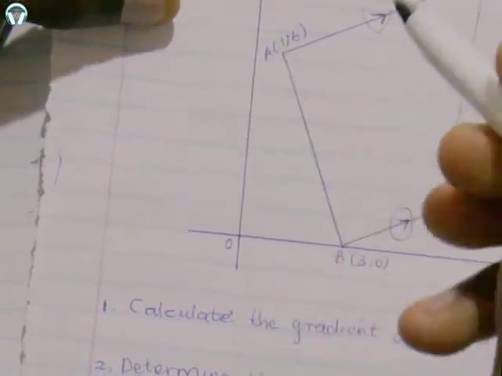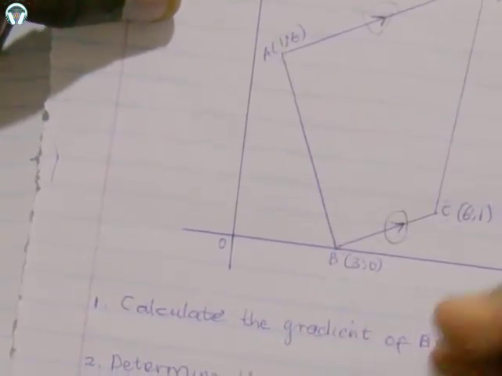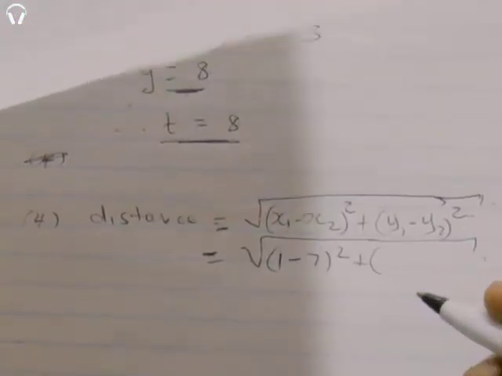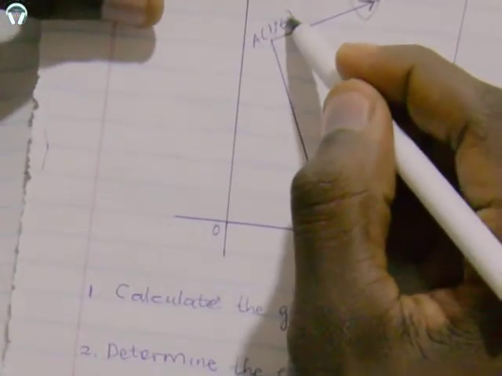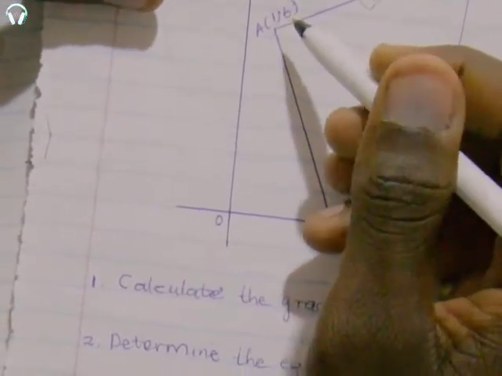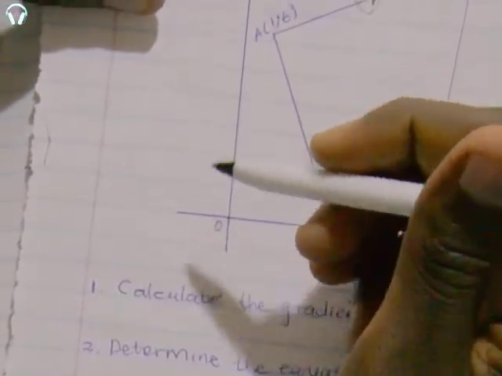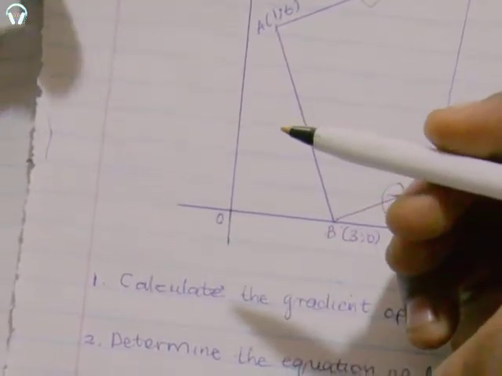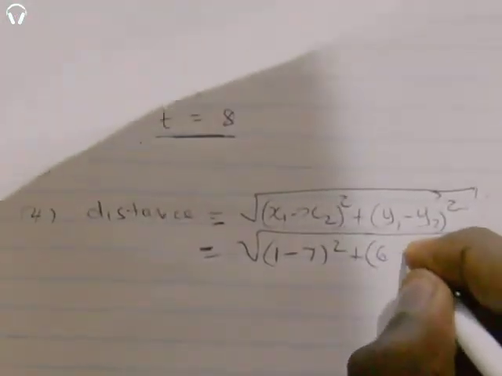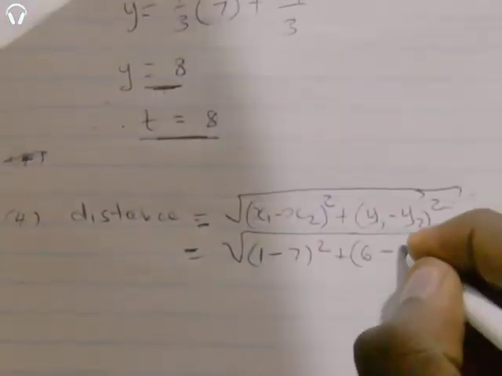This is my x1 and this is my x2, plus y1. I must go back to that point which I took as x1 and use it as y1 also. It must correspond. So this means that my y1 would be 6 and my y2 would be 8.